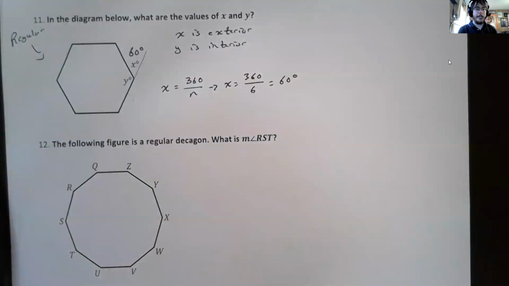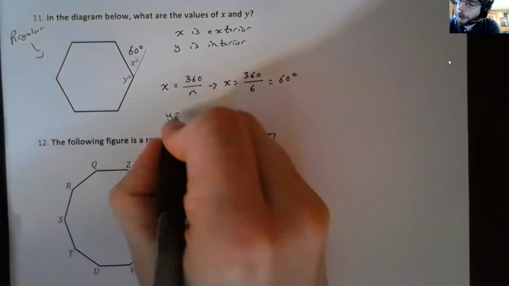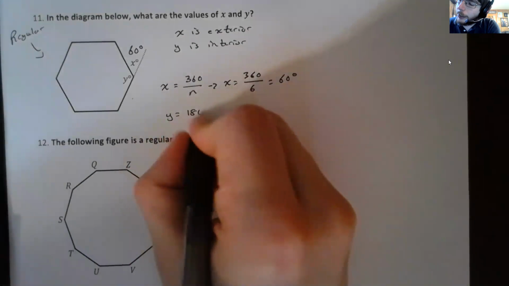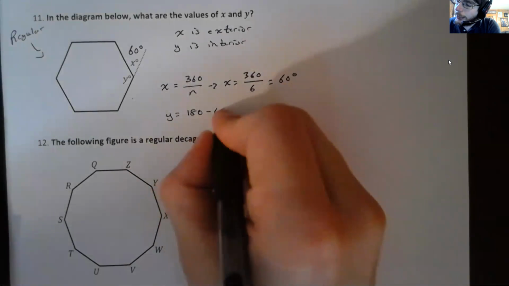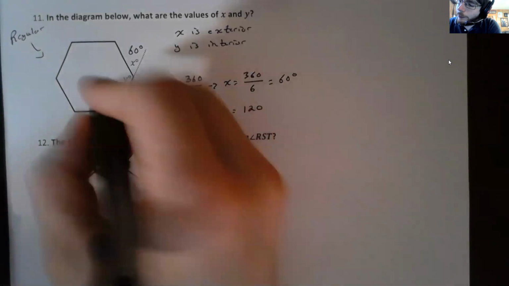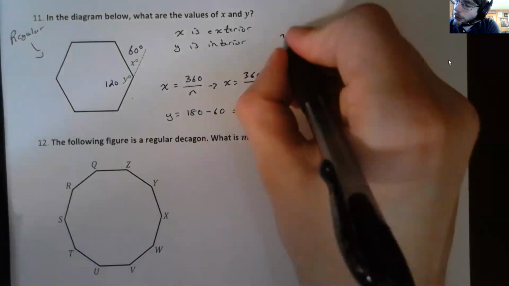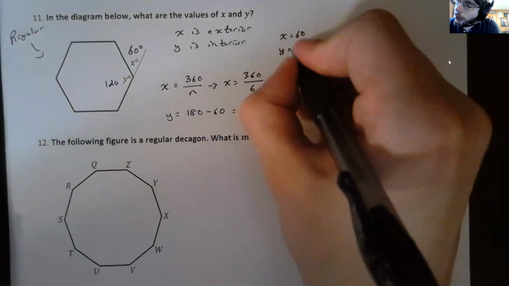Now, y is the interior angle that's paired with that exterior angle. So we said that interior angles and exterior angles are supplementary. That means that to find y, we can do y equals 180 minus 60, which is 120. So x equals 60, y equals 120.